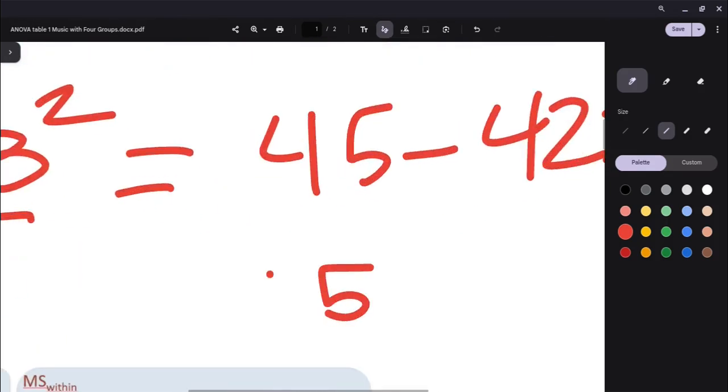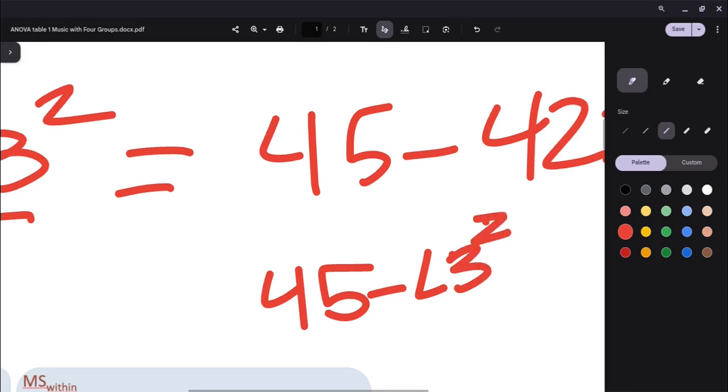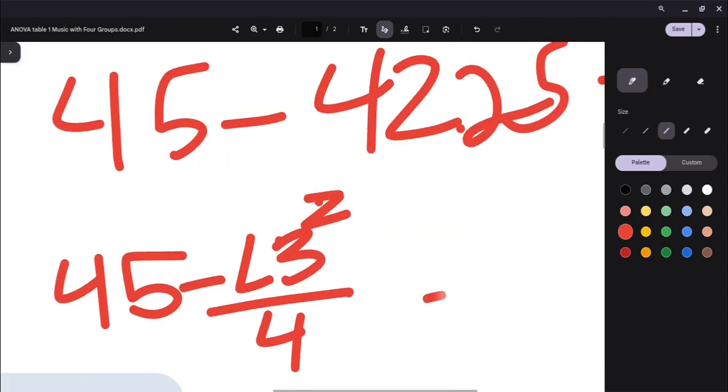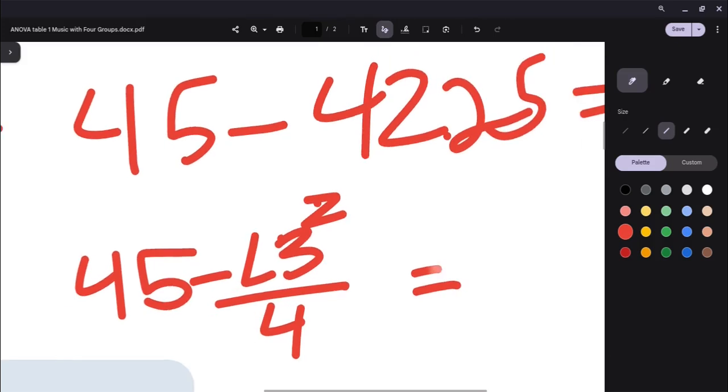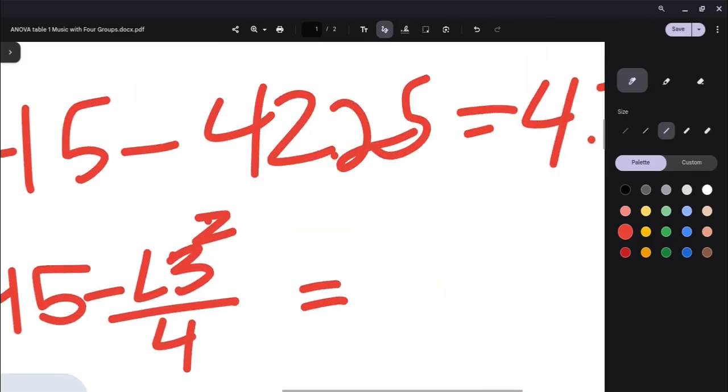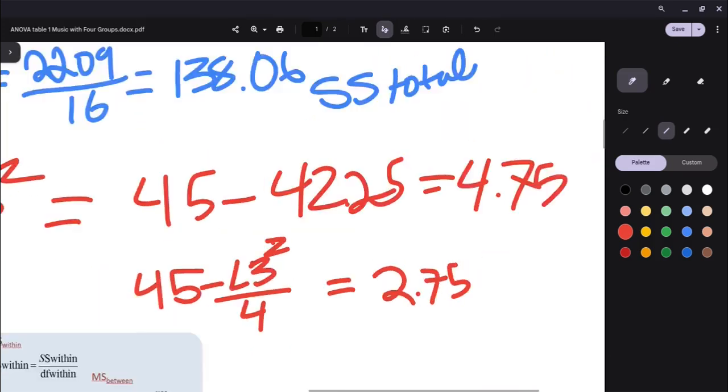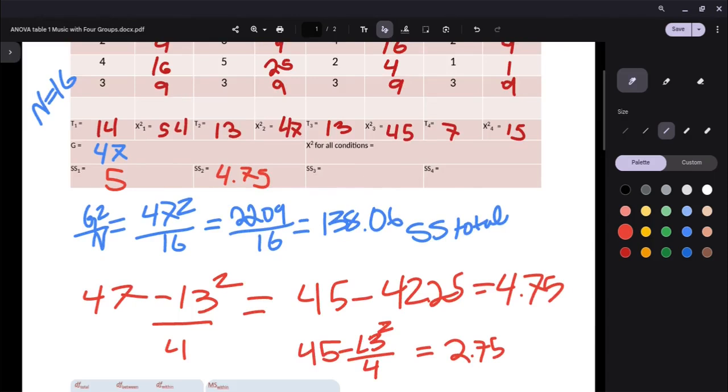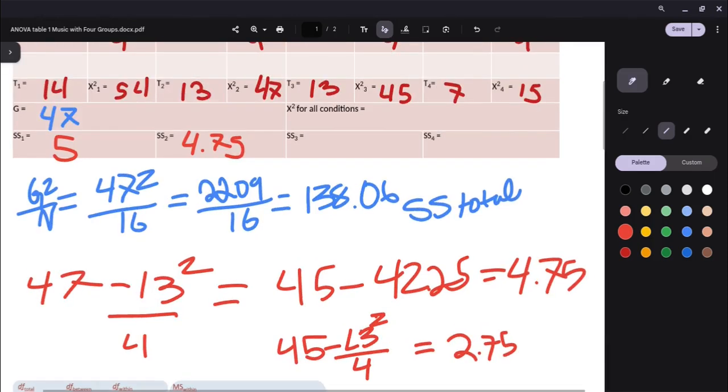It's going to be 45 minus 13 squared over 4, and that is equal to 2.75. So that's our third one, 2.75.